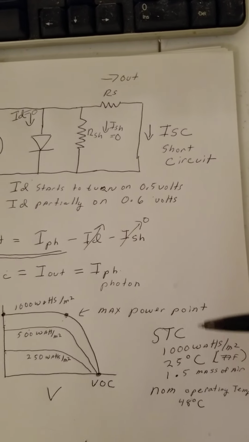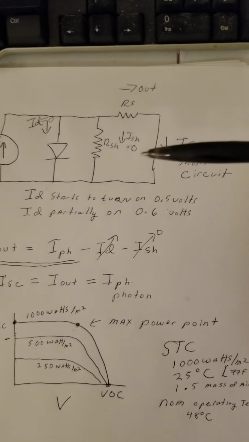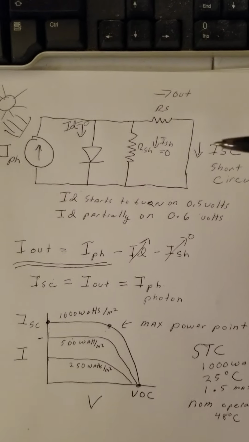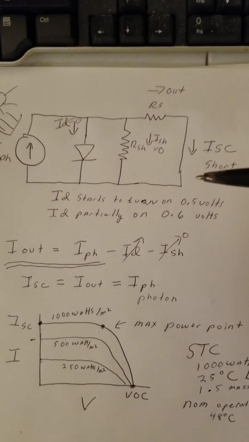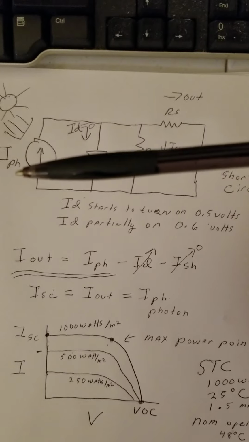So, I haven't touched any math yet, and I'm trying to get the point across in this video that ISC, the short circuit current, is directly proportional to the light.